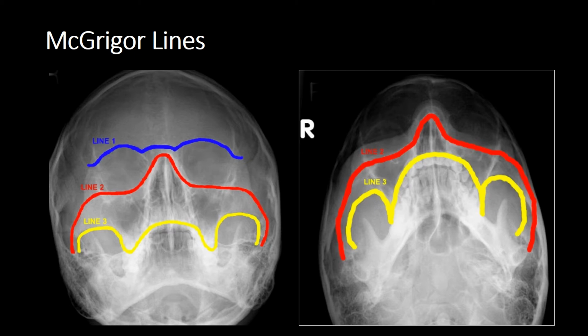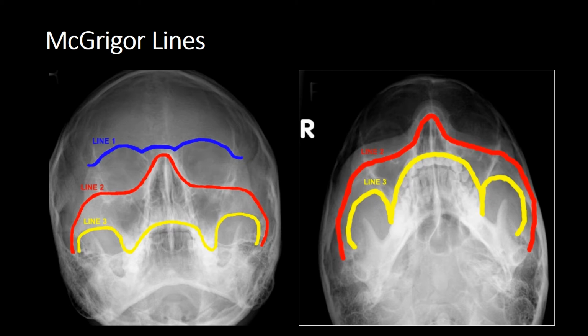The other thing that's very helpful with line 1 is that it allows you to search carefully for a black eyebrow sign. Black eyebrow sign is orbital emphysema. Emphysema means air, so it's air trapped within the orbit.